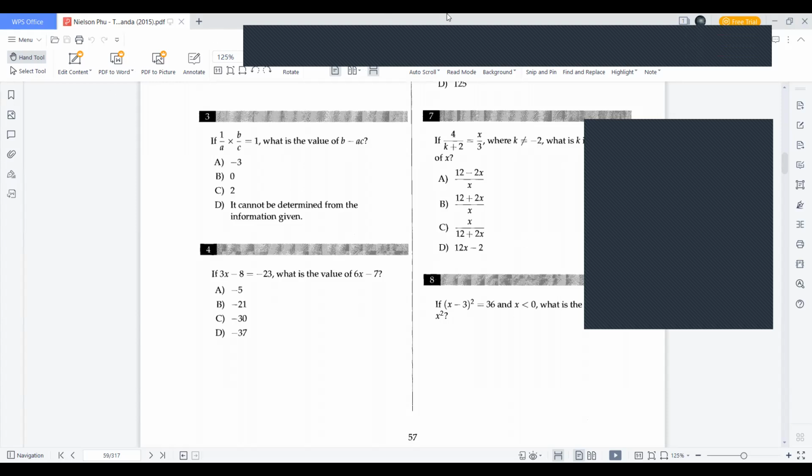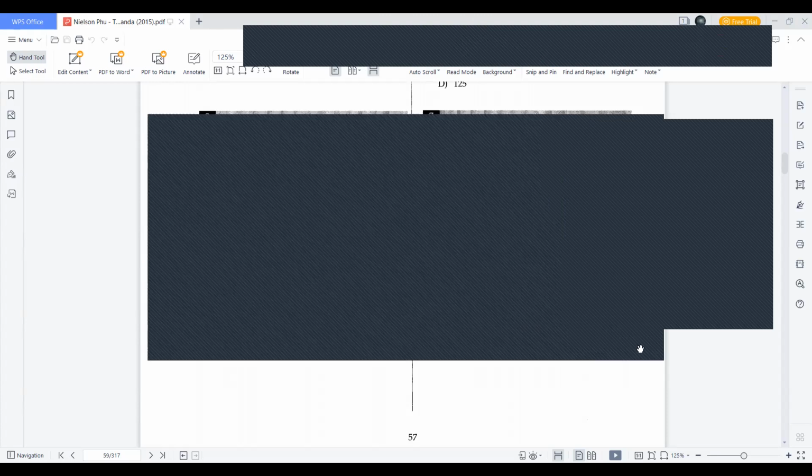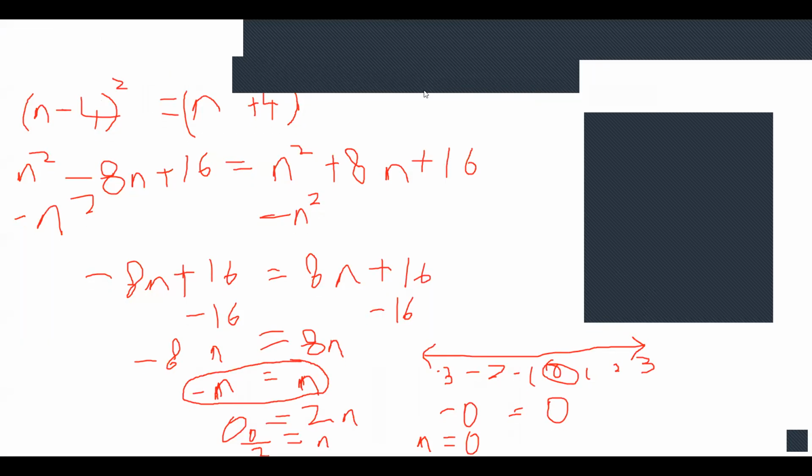If not, I'll go to the whiteboard. 1 over a times b over c. Okay, let's go to the whiteboard. 1 over a times b over c is equal to 1.